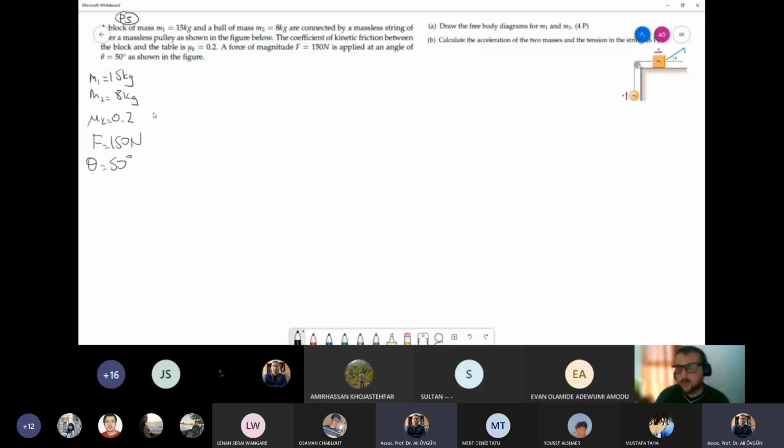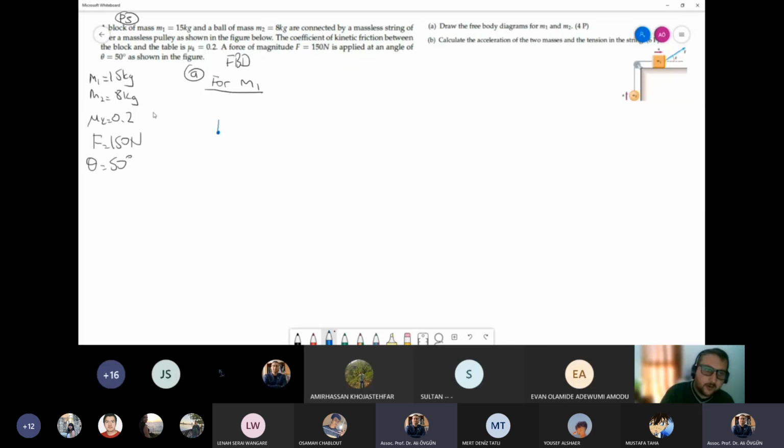Now, how can you solve it? First of all, you must draw the free body diagram of this system. You must consider the objects separately. First, the free body diagram for M1. For M1, the free body diagram is like this. There is a tension.